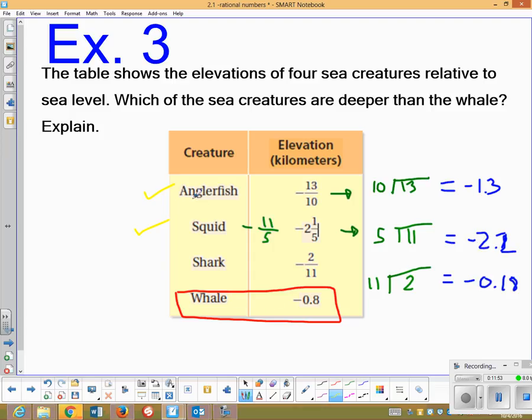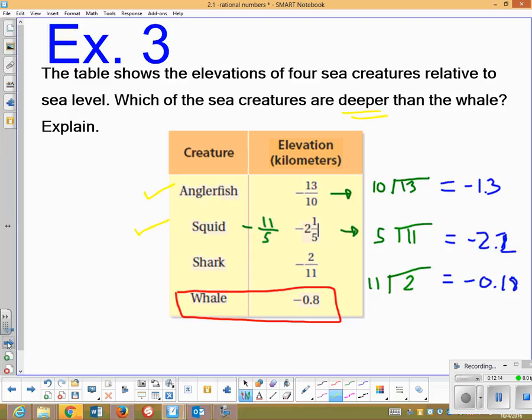So the anglerfish and the squid would be the deepest from the whale because they are lower than this number. Negative 0.8 is actually higher than this, so negative 1.3 and negative 2.2 are going to be much smaller on the number line than this number. So these are the two answers, anglerfish and squid.